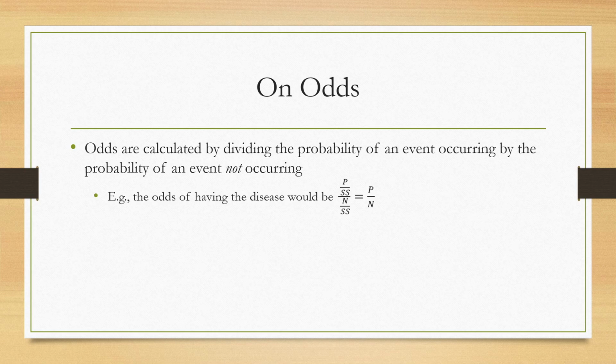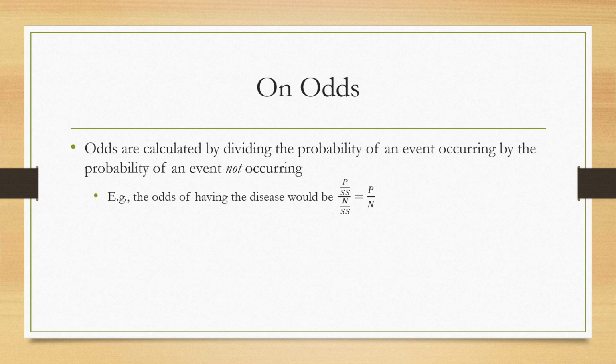The interpretation of odds in this context is for every person who doesn't have the disease, odds times as many people do. So in this case, our odds is 0.54. For every person who doesn't have the disease, 0.54 times as many do have the disease.